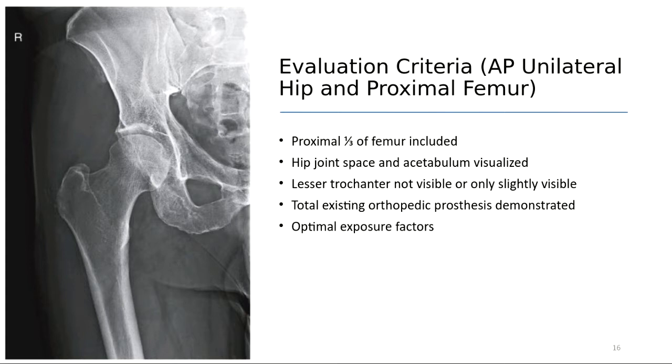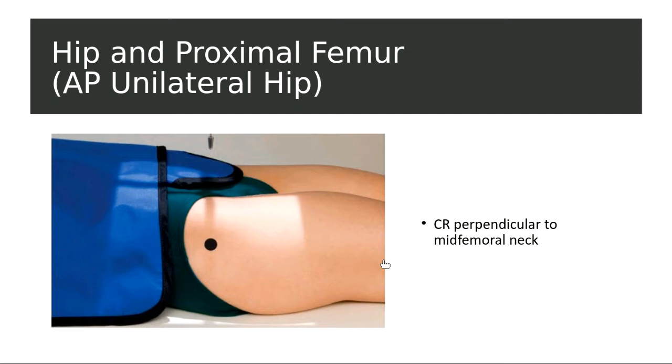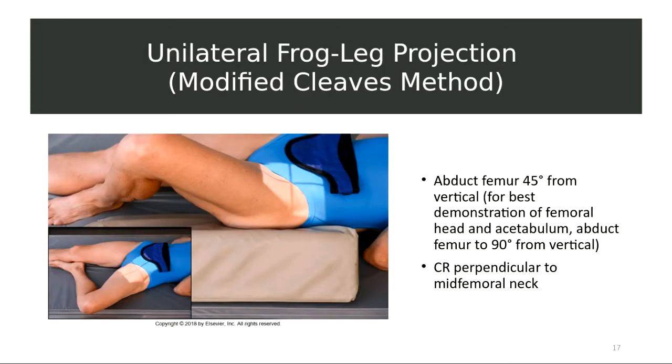So far we've done an AP of the distal femur and an AP of the proximal. Now that we're up in this aspect of the patient, so we're proximal, our next image is going to be a lateral of the proximal femur, found on page 287. This is called either a unilateral frog leg position, unilateral meaning one, as opposed to bilateral if it was both.